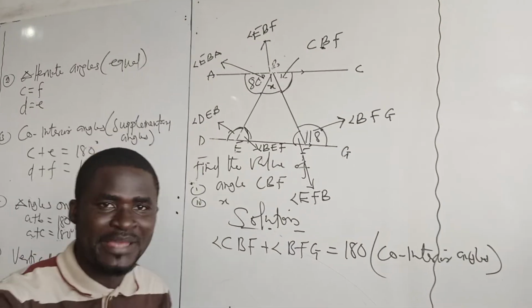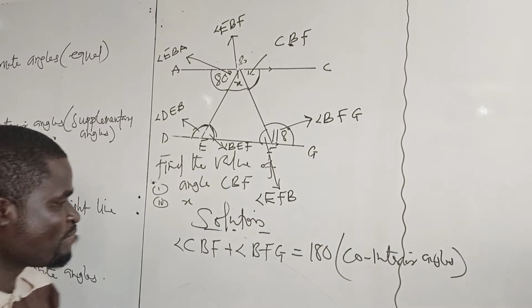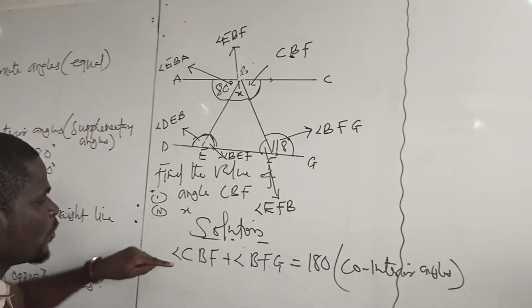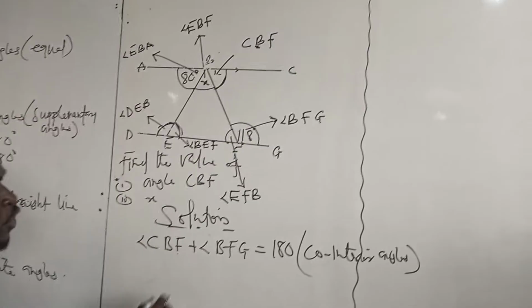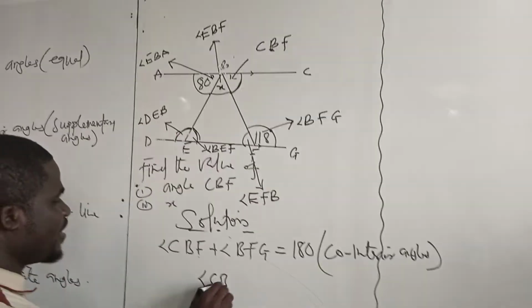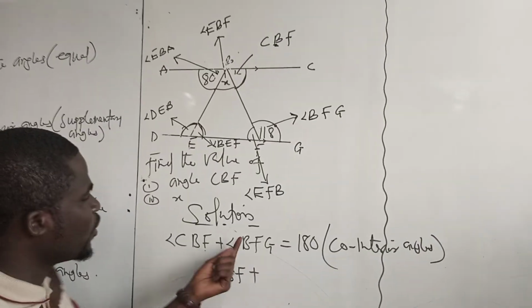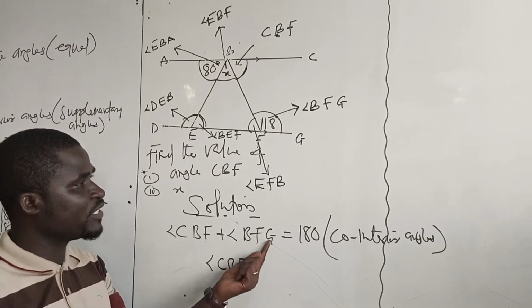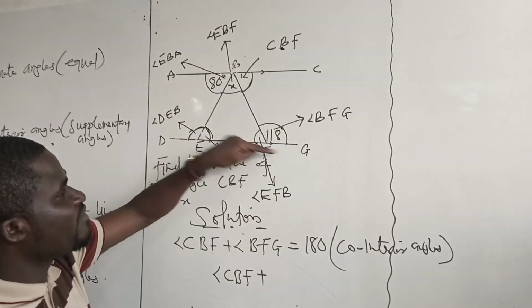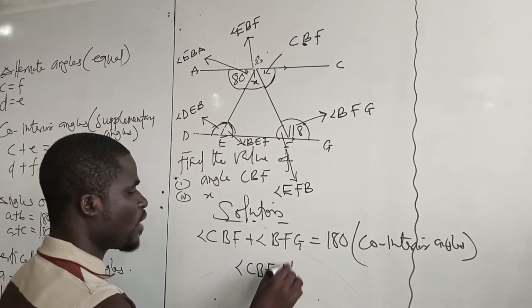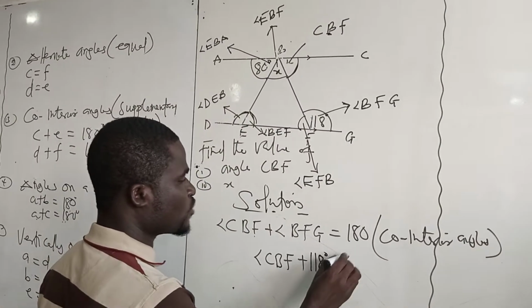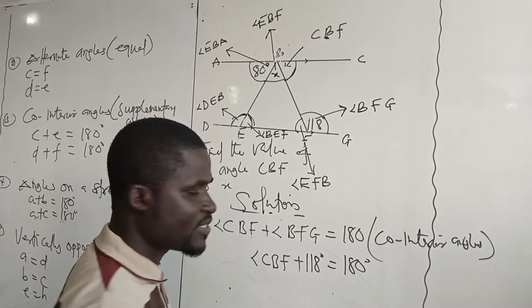And you are following the methods. Good. Now we don't know angle CBF. So angle CBF plus, now we know angle BFG, 118 degrees, is equal to 180 degrees.